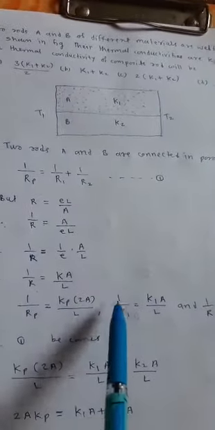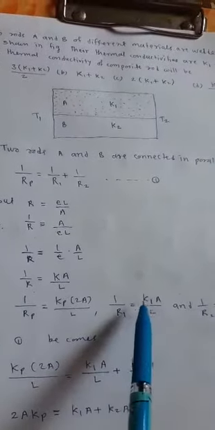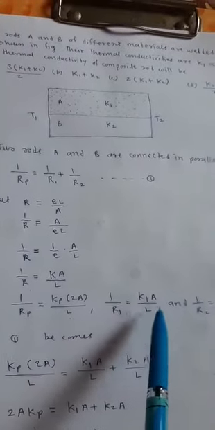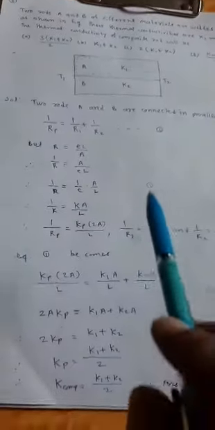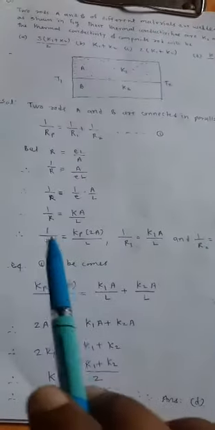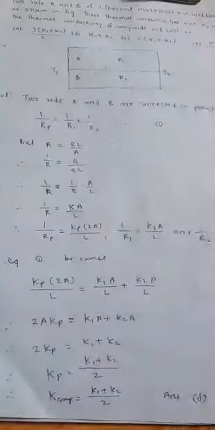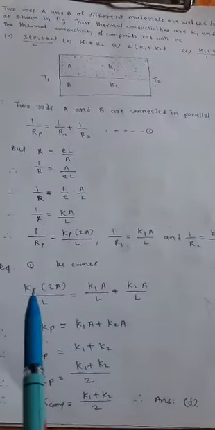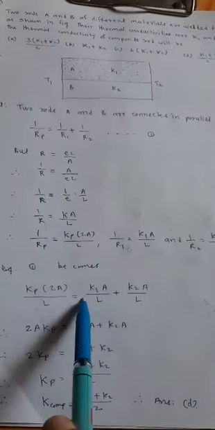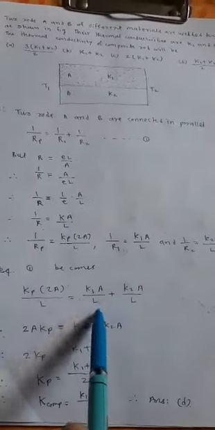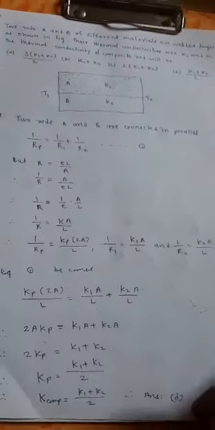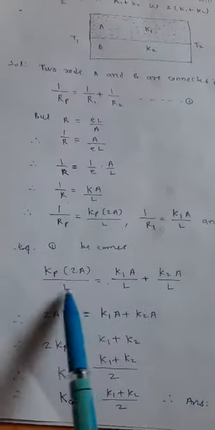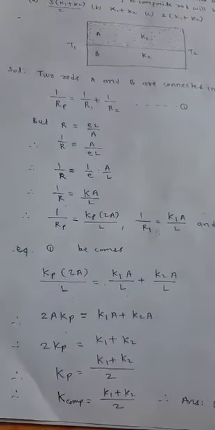Similarly, 1 by R1 is equal to K1A divided by L, and 1 by R2 is equal to K2A divided by L. Then the above equation 1 becomes, putting all three values in equation number 1, we get Kp into 2A divided by L is equal to K1A divided by L plus K2A divided by L. Multiplying on both sides, L will get cancelled.